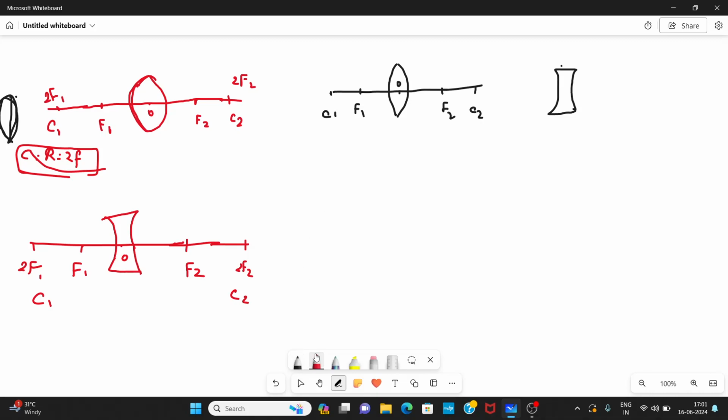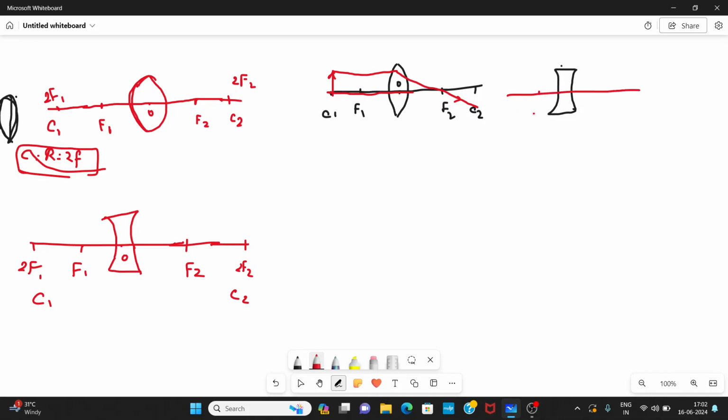Suppose you are keeping an object here, and your light travels parallel to the principal axis, this is your principal axis. If your light travels parallel to the principal axis, then the refracted ray will pass through your focal point.